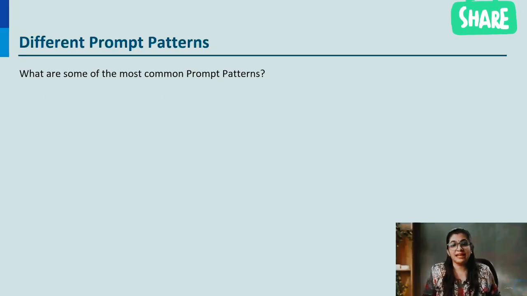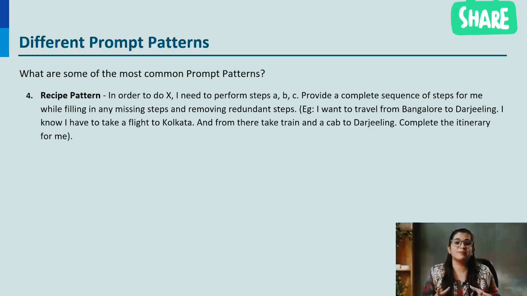Now let's see the next pattern, that is recipe pattern. For example, you want to do X task, but to perform this X task, there are steps or subtasks A, B, and C. So I want ChatGPT to have a complete itinerary generated for me if I'm traveling from Bangalore to Darjeeling, and from there I can take a train or a cab to Darjeeling.